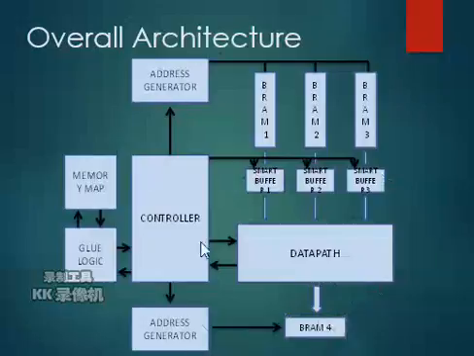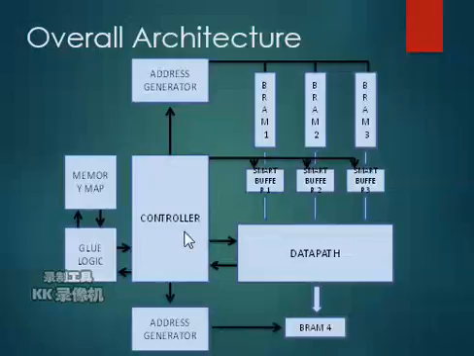We use an address generator to control which data to write into VRAM and which data to write from VRAM to the memory. The glue logic gets the memory map and all the control signals from the software into the controller and connects those.